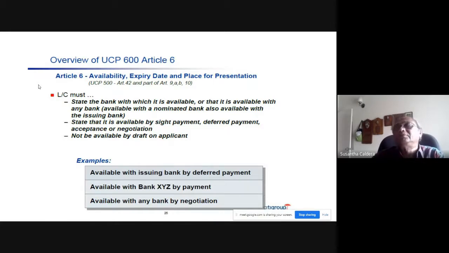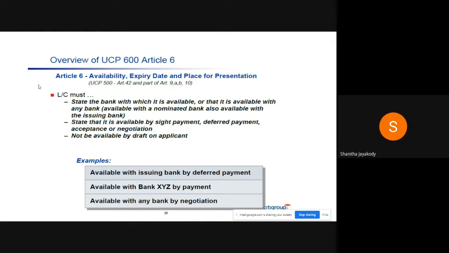Why do we not state it that way? Is it because the draft should always be on the beneficiary, not the applicant?